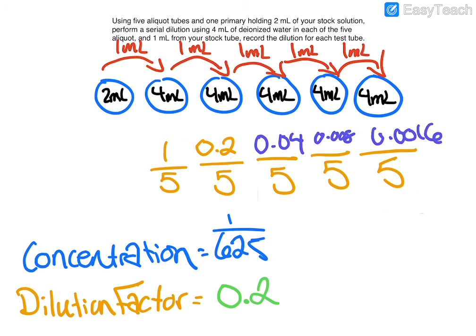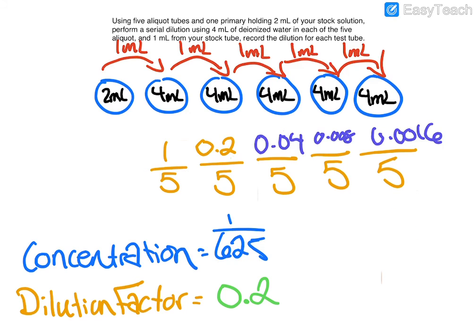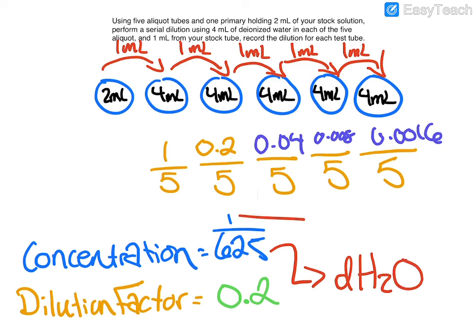So basically, if you were to take your final test tube, which is 5 milliliters, and cut it into 625 parts, 625 of those parts would be your deionized water, and 1 part would be your stock solution of whatever you're working with.